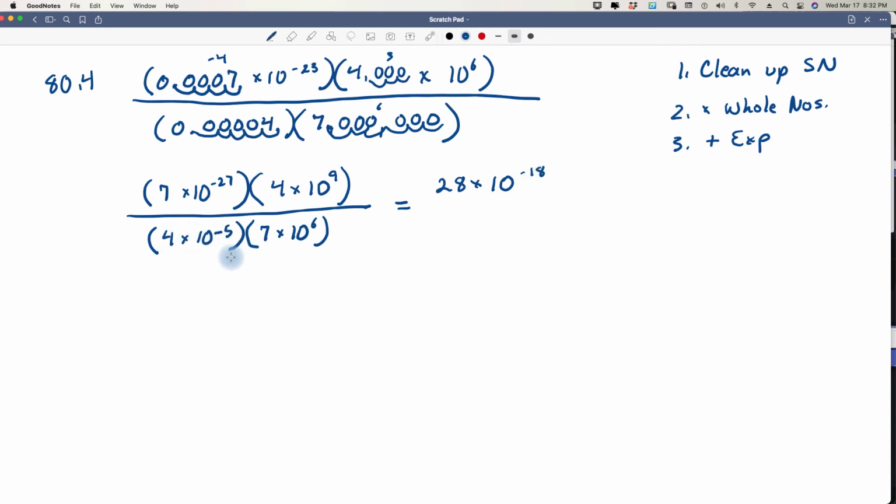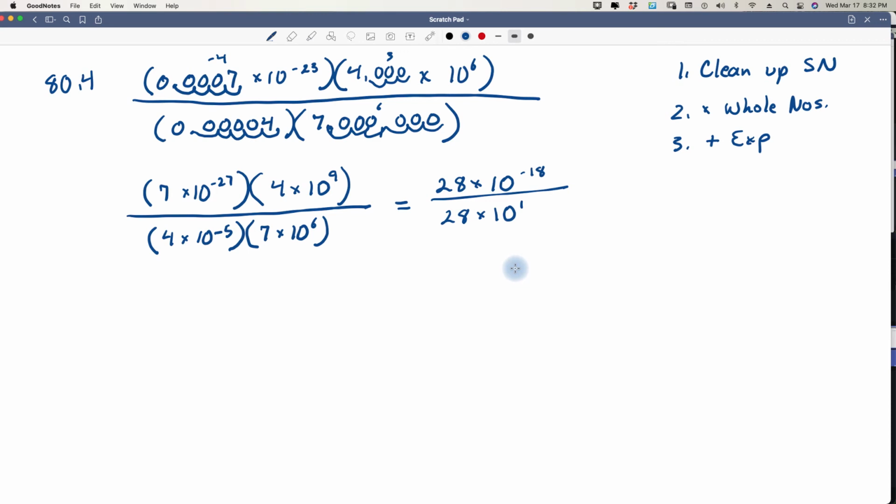And we have 4 times 8, that's going to be 28, times 10 to the something, negative 5 and positive 6 is going to be negative 1. Right? No, sorry. That's positive 1. Aren't you guys glad I caught that? All right, that's positive 1.